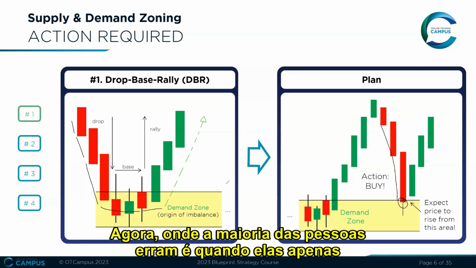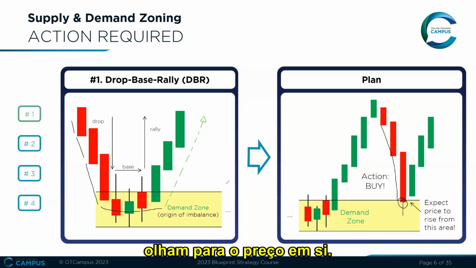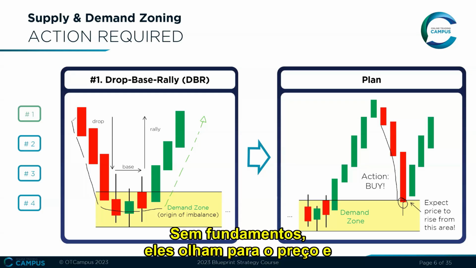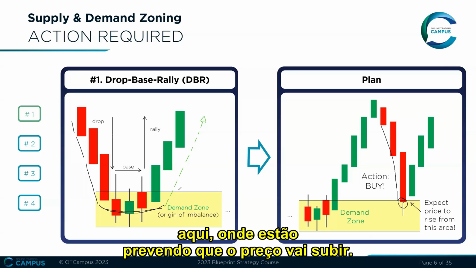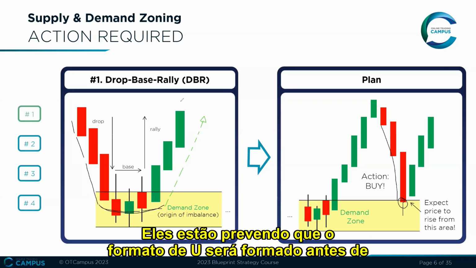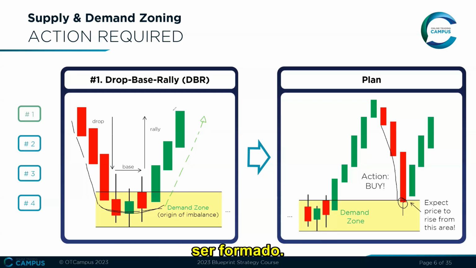Now, where most people go wrong is when they just look at price itself without fundamentals. They look at price only, and they're trying to do that right here where they're predicting price to rally. They're predicting that U shape to be formed before it's formed.